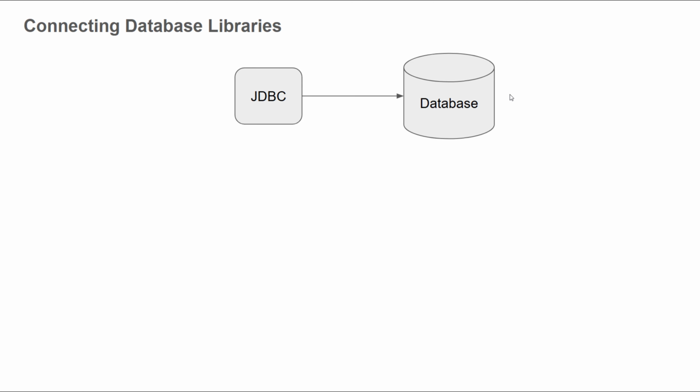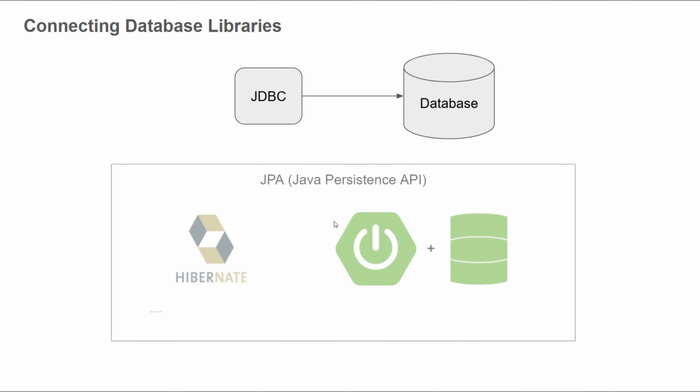So we have some libraries that help us work with the database in an easy way. They are JPA, or Java Persistence API. And in this tutorial, we will learn about Hibernate and Spring Data.